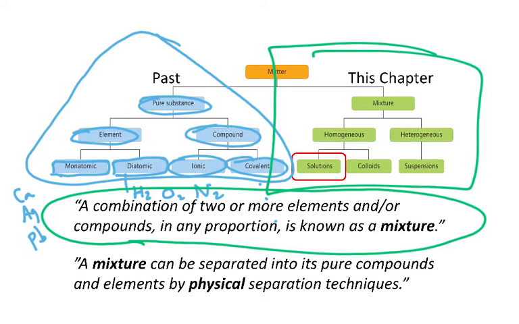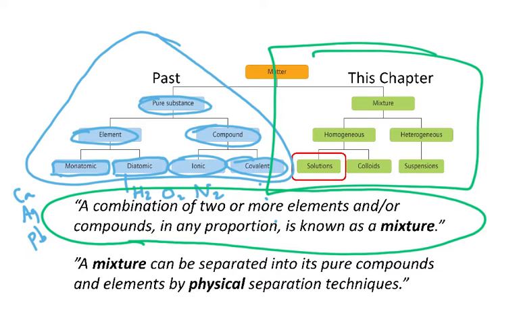So it's very broad, right? It can contain elements or compounds, or one of each, or multiple of each in any proportion. Doesn't matter. It's just all stuff all mixed together. An important thing about a mixture is that it can be separated back out, usually by physical separation techniques.